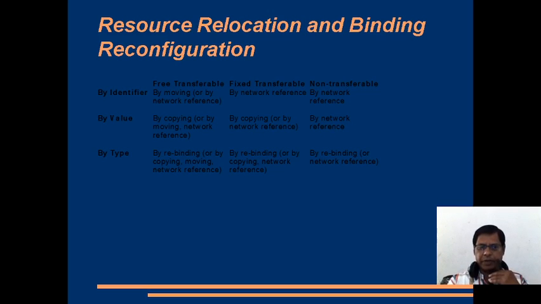For identifier: by moving or network reference, fixed by networking reference, and non-transferable by networking reference. By value: by copying or by moving network reference, by copying or by network reference, and by networking reference for both. By type: by rebinding or by copying, moving, network reference, or by rebinding or by copying, and by rebinding or network reference.